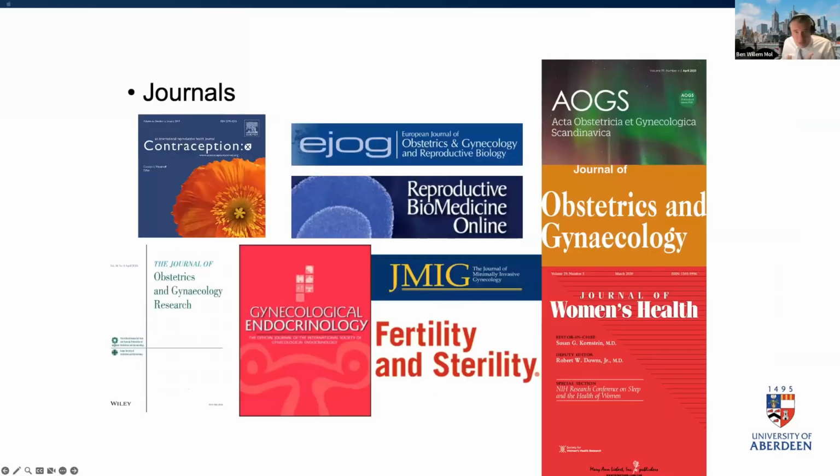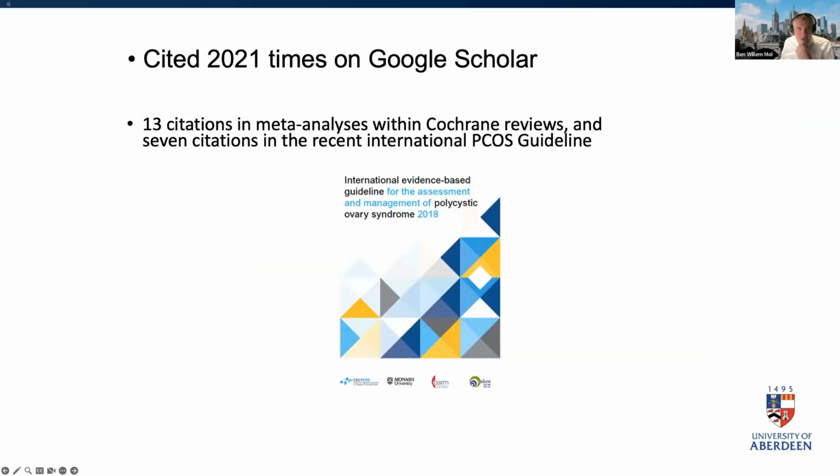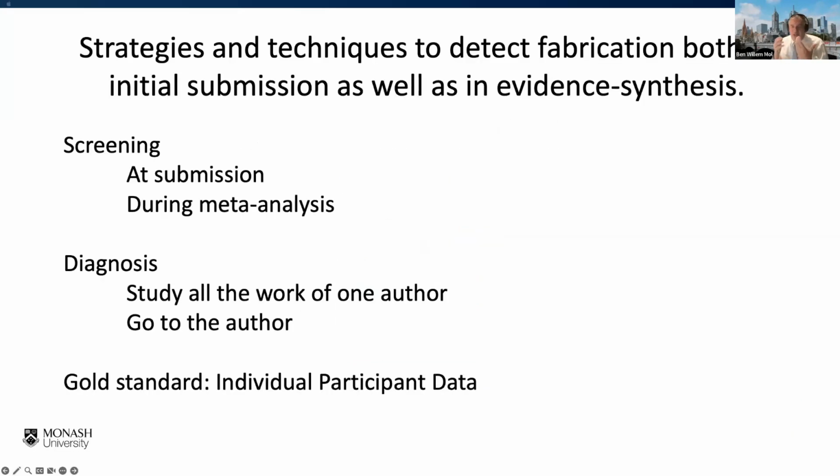And the problem is obviously these papers are published in high impact journals and they are cited. If you look into the influential guidelines on PCOS, also from Melbourne, Helen Teede, then 13 citations actually come from these authors, Abu Hashim and Badawi. So that is the summary of the problem as I was confronted with.